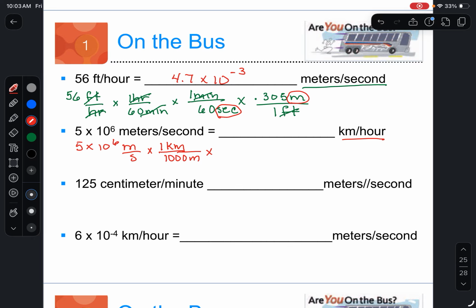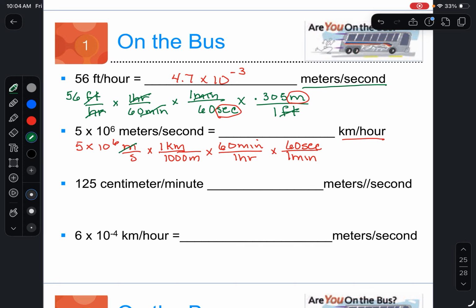Okay, and now we have to get to hours, so we know that there are 60 minutes in 1 hour, and we know in 1 minute there are 60 seconds. So we always want to check ourselves to make sure our units cancel.